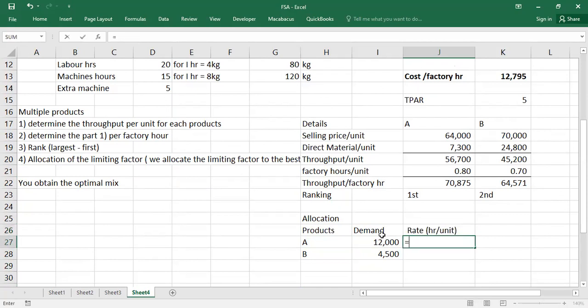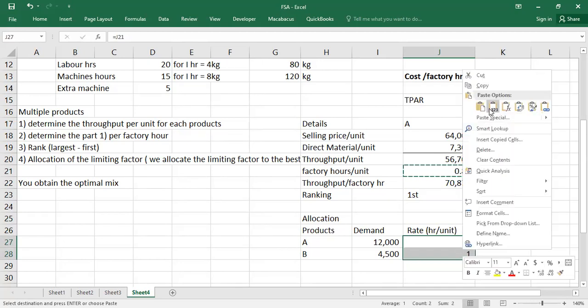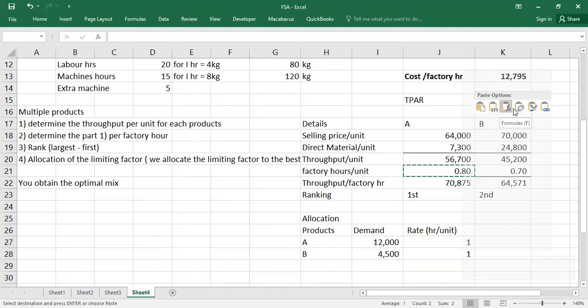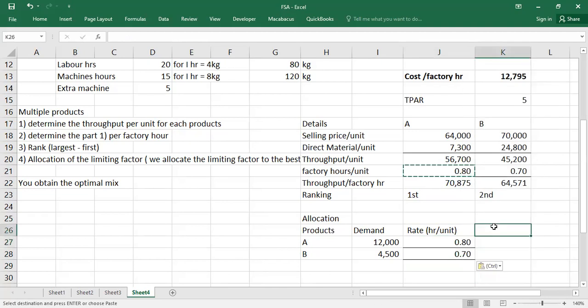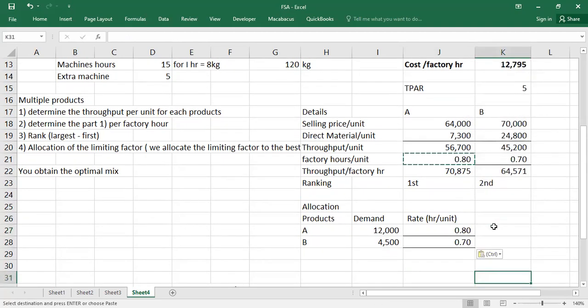They are given, they are here. You have 0.8 factory hour. Then here you have 0.7. Okay, that is what you have.